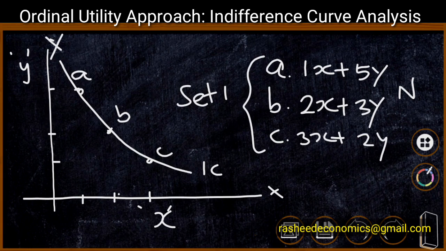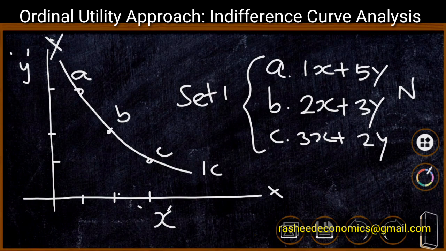Therefore, this is set 1. It contains different combinations of two products that provides the consumer same level of satisfaction. All the combinations on this set will give the consumer a particular level of satisfaction, that is N. Here we are representing it as N.